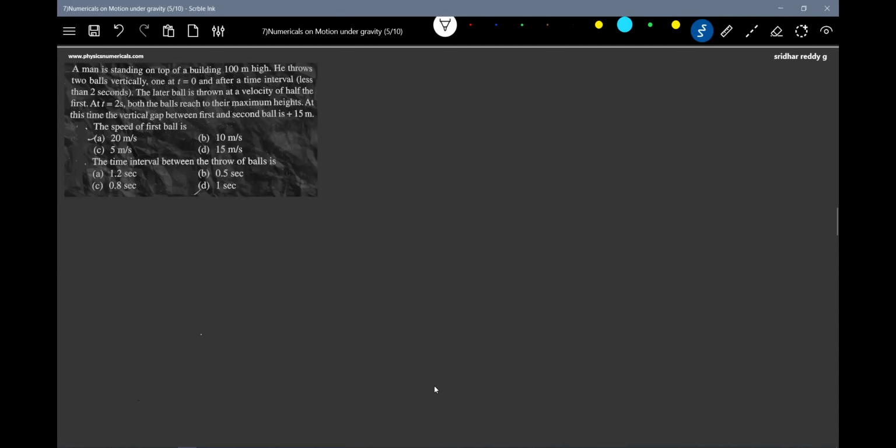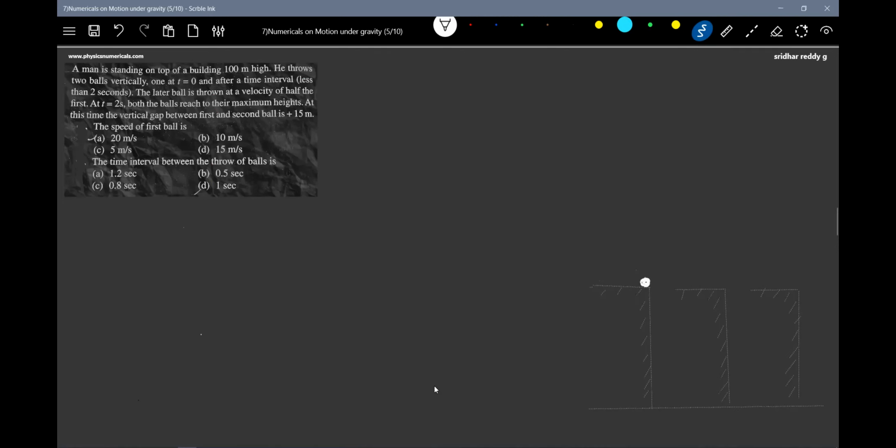I think this is something very tricky; you have to really analyze the problem carefully and take help of diagrams. This is the building.